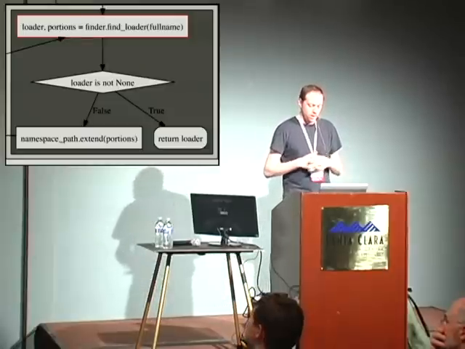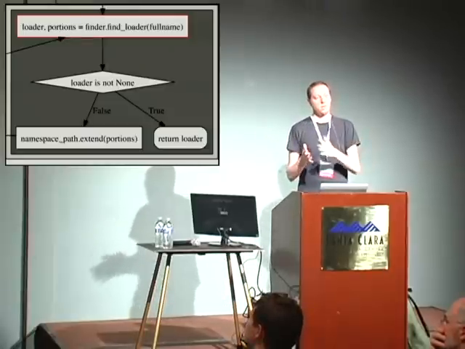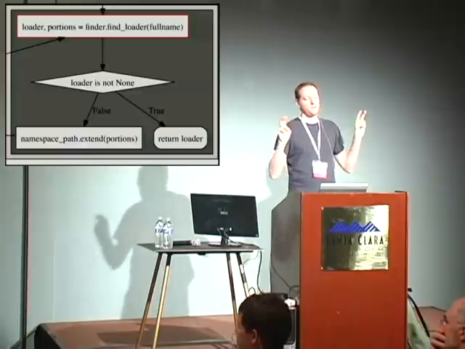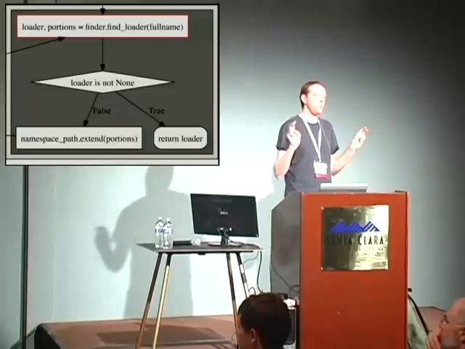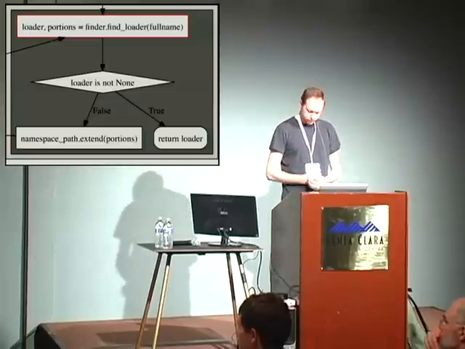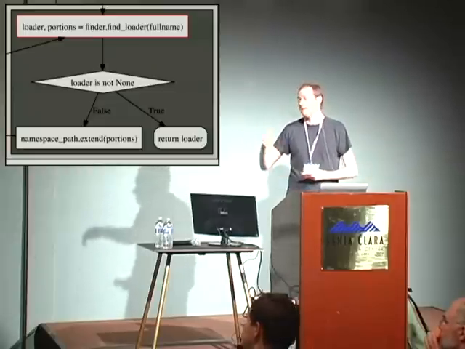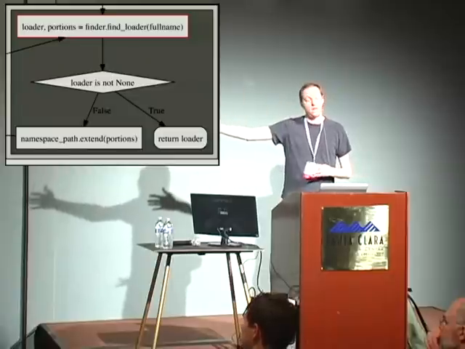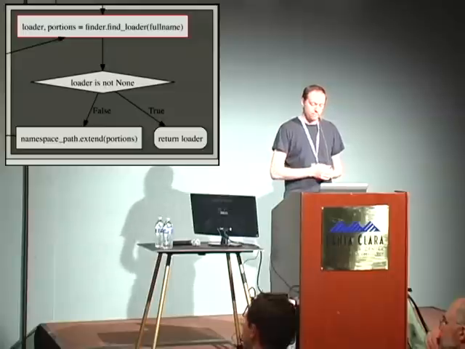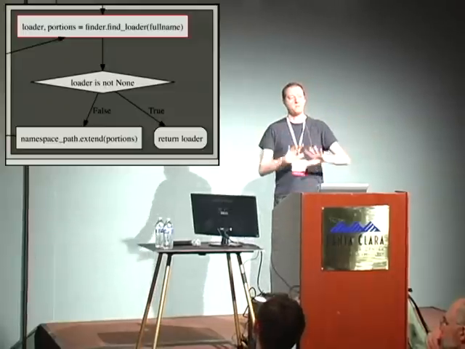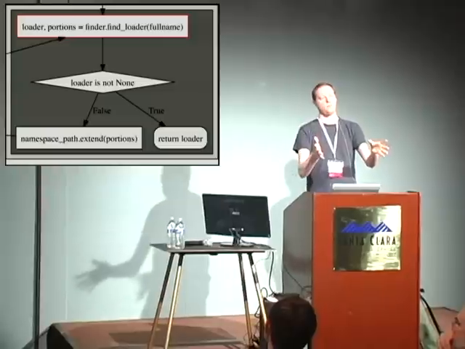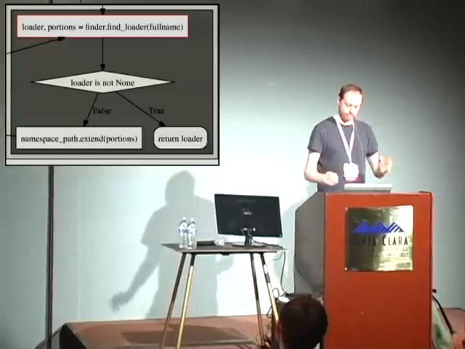If it returns None, then we check to see if it says, all right, I don't have a specific loader, but I at least found a directory or directories that could work for a namespace package later. If that gets returned, that gets added to that namespace path list that we had before and extends it. But if it found a loader, then we stop and say, okay, don't worry about trying to make a namespace package, just go on, give this loader back to import and work with that.